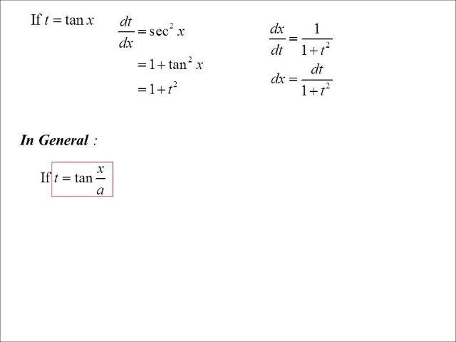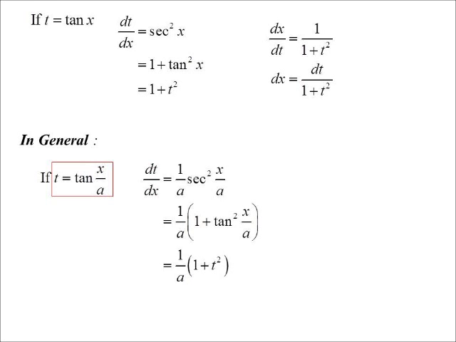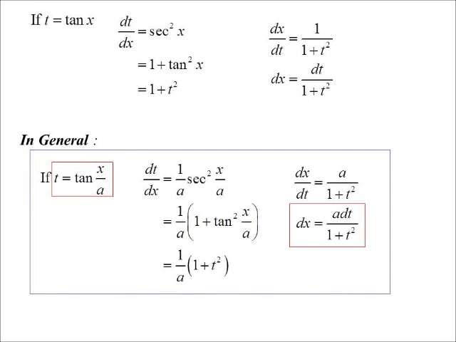To generalize it, if you were going to use t equals tan x on a, you will end up with dx being a dt on 1 plus t squared. Okay? So we normally see tan x on 2 and we end up with 2 dt on 1 plus t squared. But there's no reason why it has to represent x on 2, because we're just talking about double angles and half angles. So depending on what the question originally has, we just halve that.